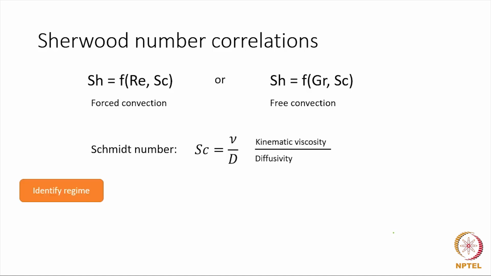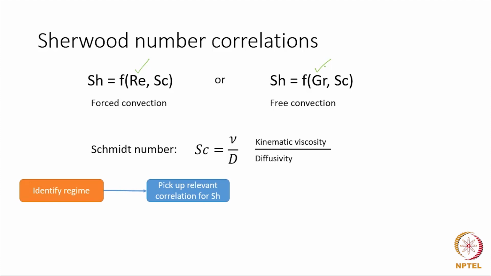And so the way we solve the problems in mass transfer, whenever the geometry and the problem description is a little tedious, is by first identifying the regime of the flow field, so that we know for what range of Reynolds number or Grashof number we are talking about, and for what geometry. So accordingly, then we can pick up the relevant correlation for the Sherwood number.